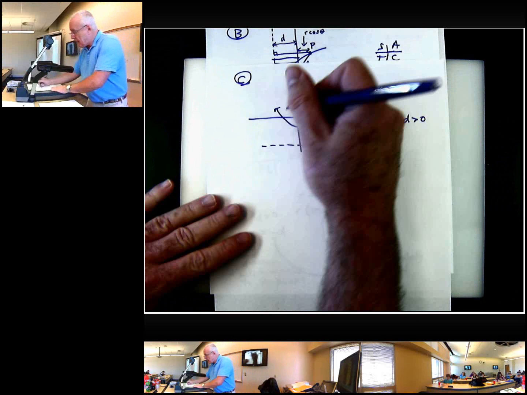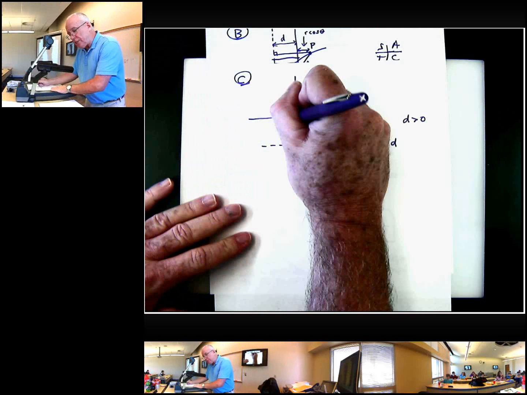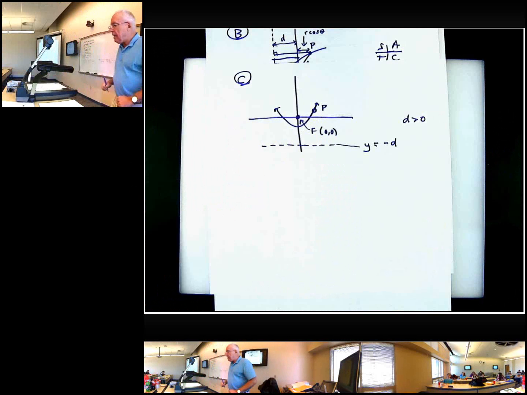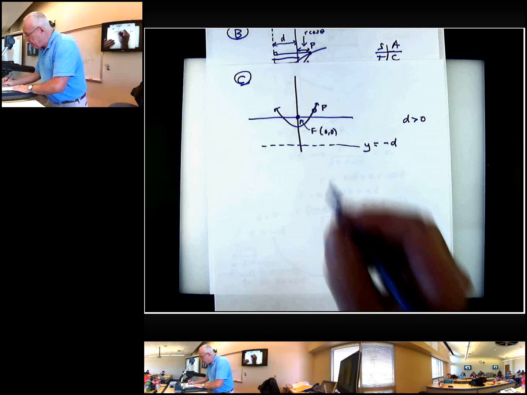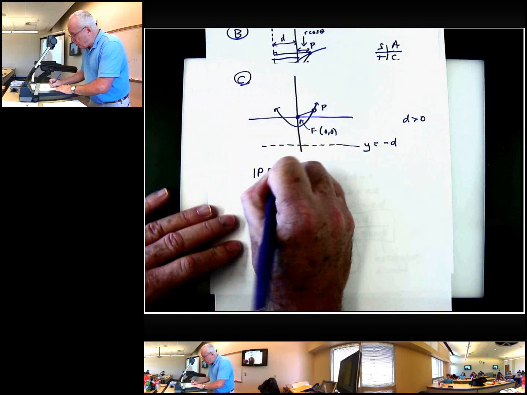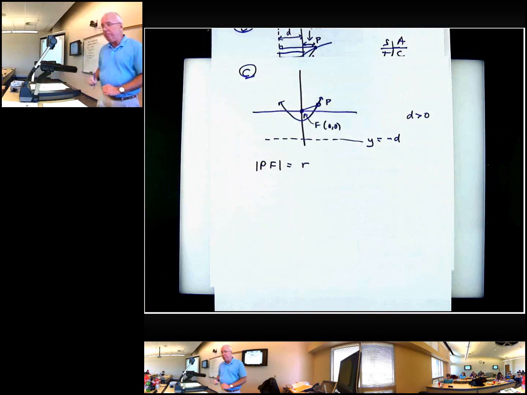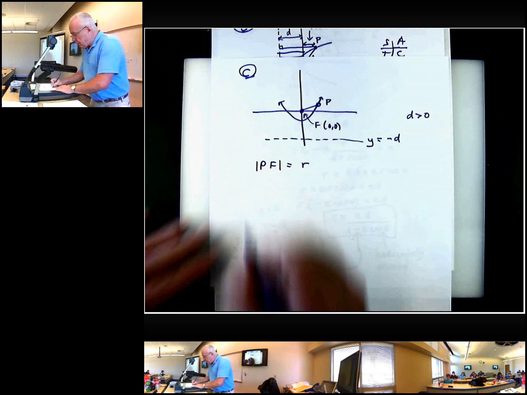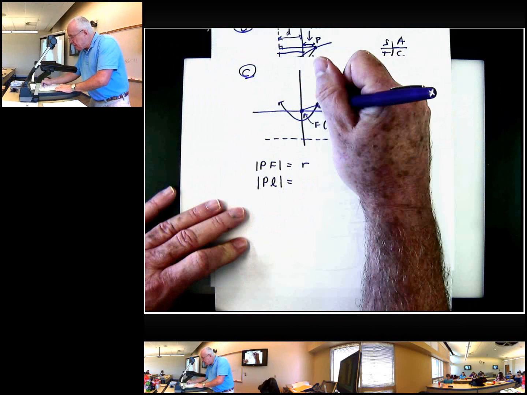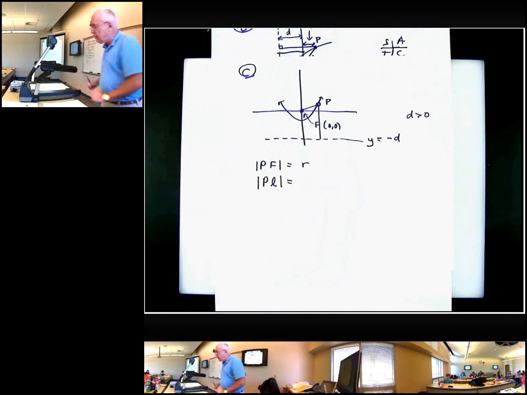Now, let's just take any point here, capital P, and apply the theorem. Again, we look at the distance from P to the focus, and that's going to be R. Then we look at the distance from P to the line, so that's this whole distance right here.